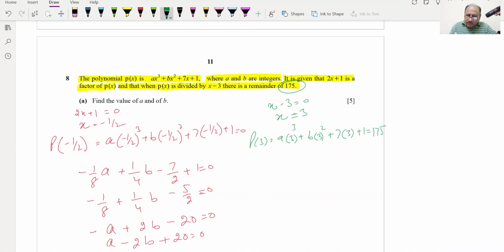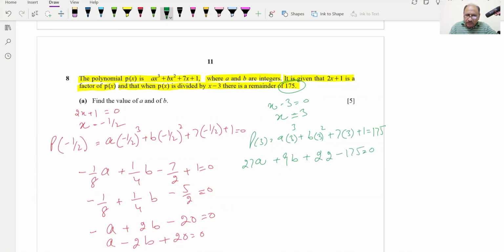Now we can simplify this. 3 cubed is 27, so 27a plus 3 squared is 9, so 9b, plus 21 plus 1 is 22, minus 175 is equal to 0.